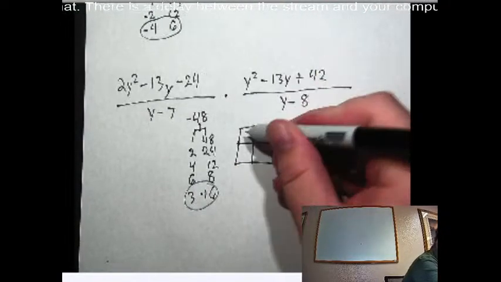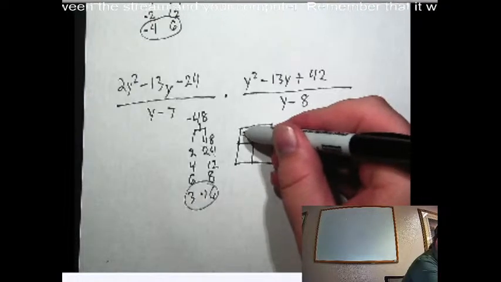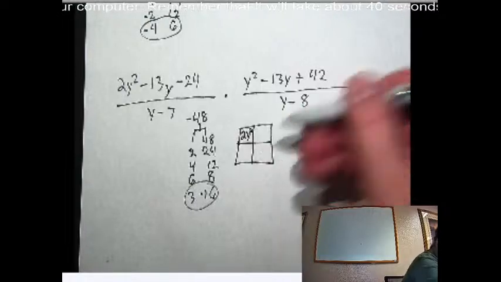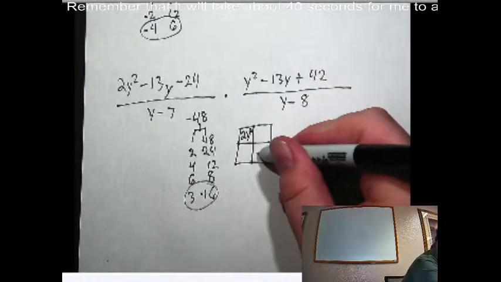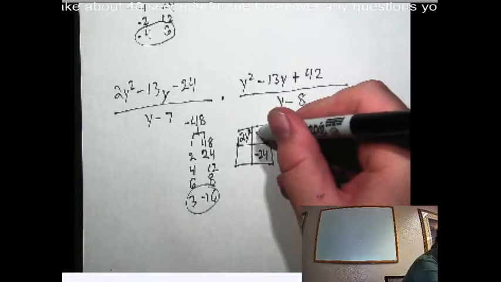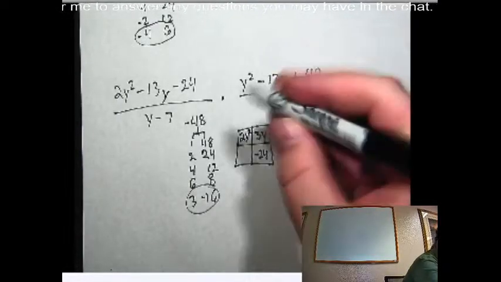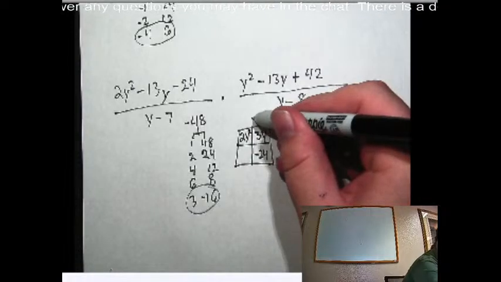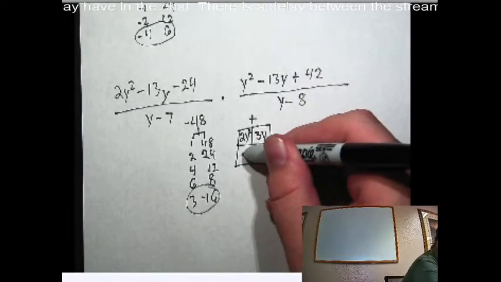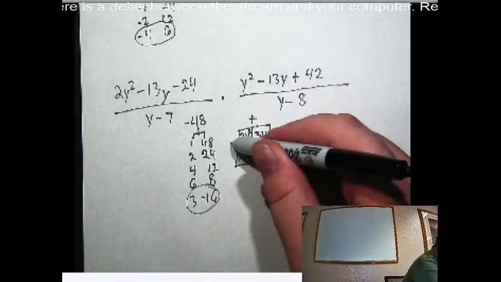So what's going to go in the first box? 2y squared, good. Last box? This box. 3y. And what goes up here? Okay, here? 16y, good. And here?